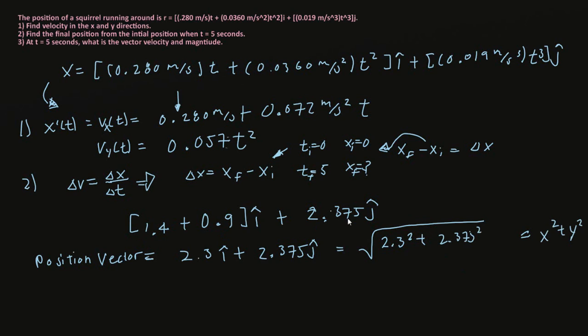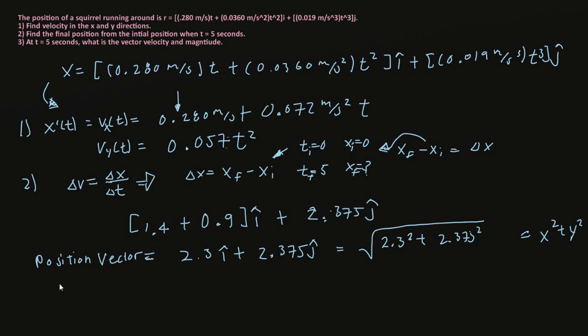This position vector is saying the position at that instantaneous time, which is 5 seconds, so it's from 0 to 5 seconds.